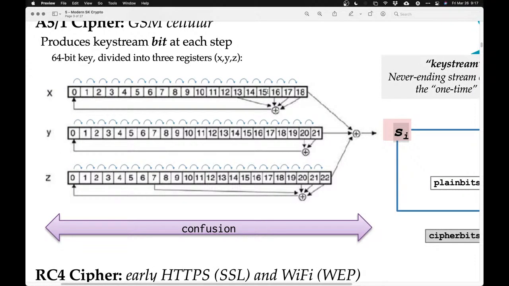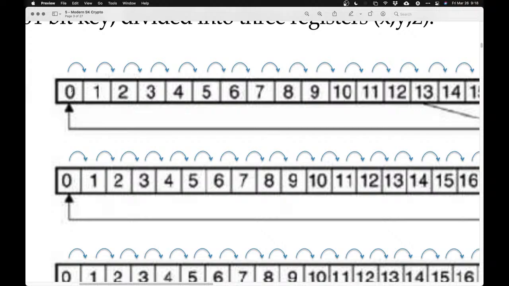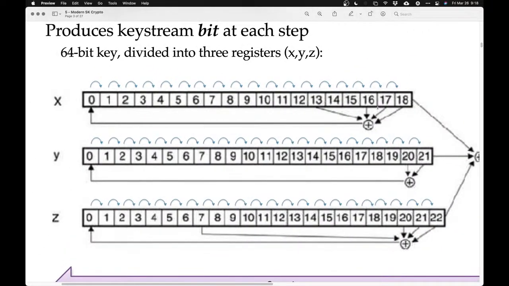So then what else is going on here? Well, if we're shifting everything over to the right by one, what happens to bit number 0? That gets shifted into bit number 1. What's the new bit number 0 then? Do we just put a 0 in there? That's not good. So we have to generate a new pseudo-random bit for this first bit every time we shift them over. The way we do it is we pick a few bits in the register, like 13, 16, 17, and 18.